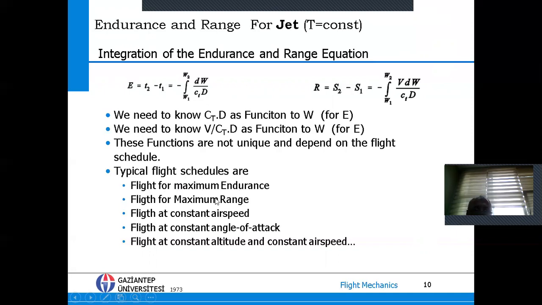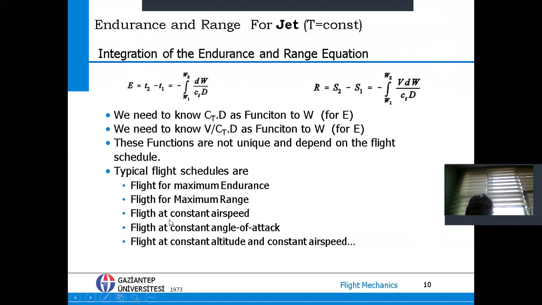Another pilot wants to fly at maximum range, or at constant airspeed, or constant angle of attack, or constant altitude and constant airspeed, or sometimes constant altitude and constant angle of attack, or a combination of these values. Okay, so every type of flight produces different range and different endurance.